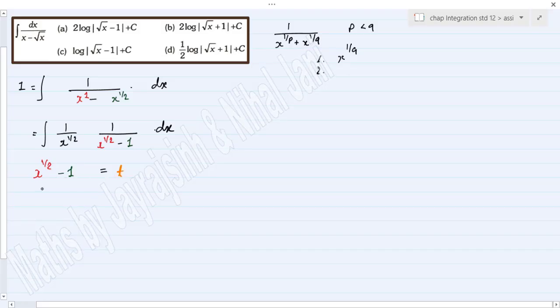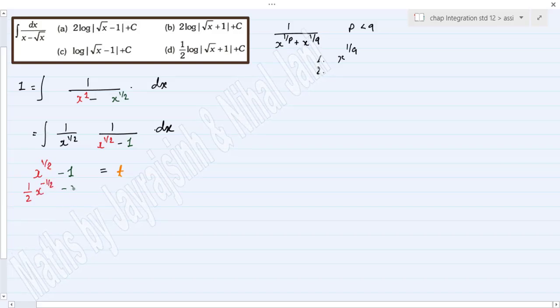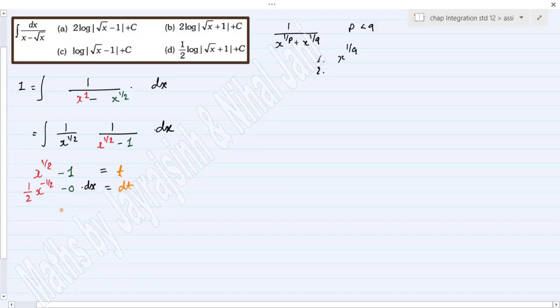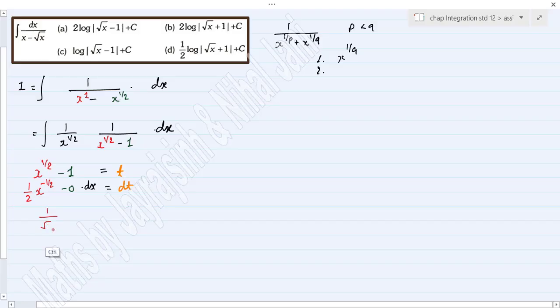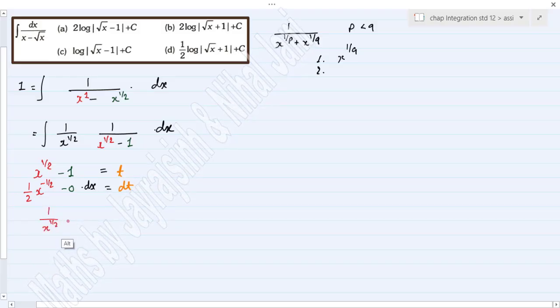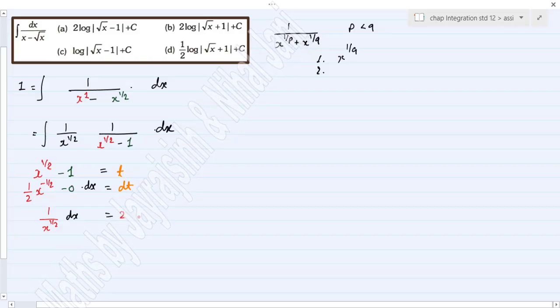If we differentiate both the sides, we will get 1 by 2 x raised to minus 1 by 2 minus 0 dot dx is equal to dt. Or we can say 1 upon root x, 1 upon x raised to 1 by 2 dot dx is equal to 2 times dt.